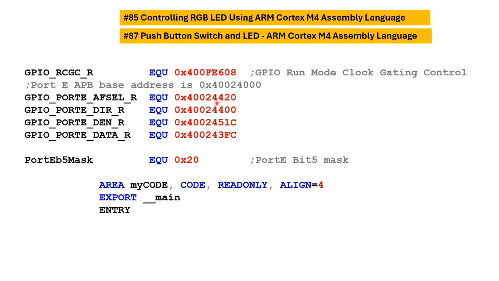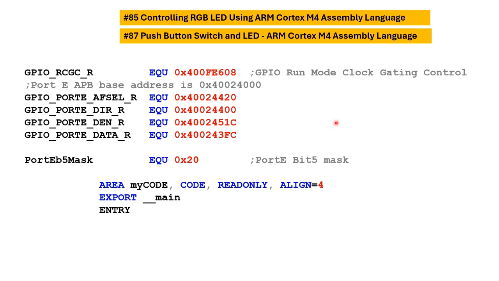If you want more details regarding the entire program, I would recommend that you watch video 85, controlling RGB LED using ARM Cortex M4 assembly language. In this video, I'm going to briefly go through the program.